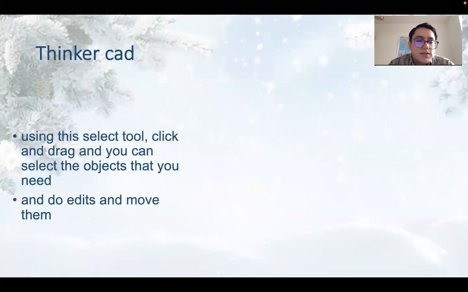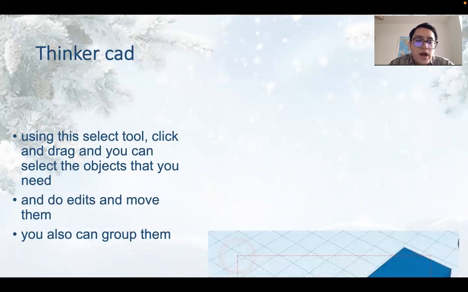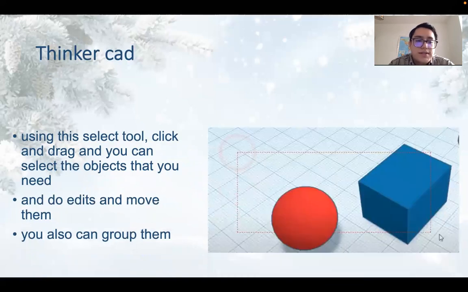Using the select tool and drag, you can select objects like this. You just drag it over the objects that you want to select and do edits and move them. You also can group them, of course.